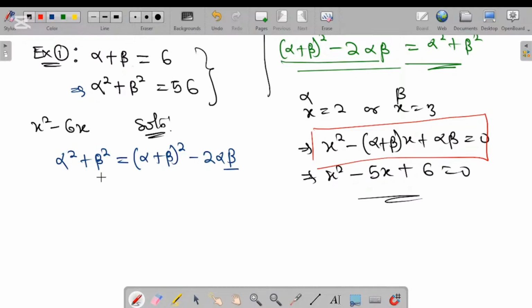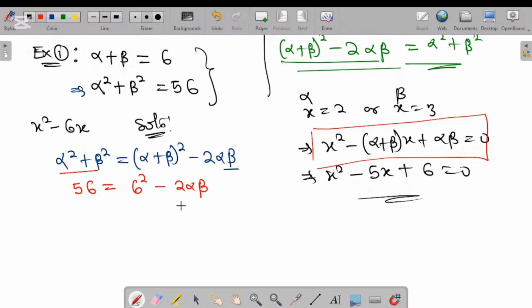You've already told me in the question that alpha squared plus beta squared is 56. And that is equal to alpha plus beta, which you also said is 6, so I will square it, minus 2 alpha beta. And so from here I can easily make alpha beta the subject.